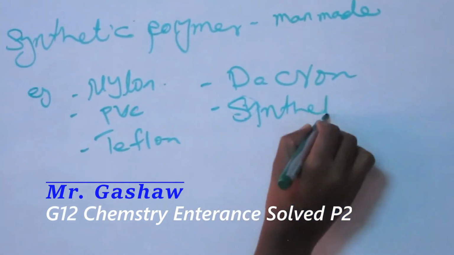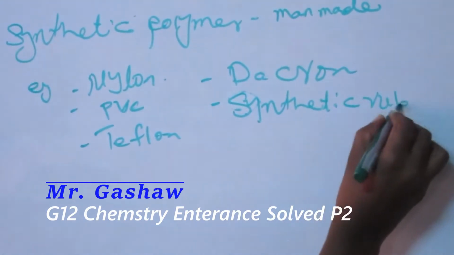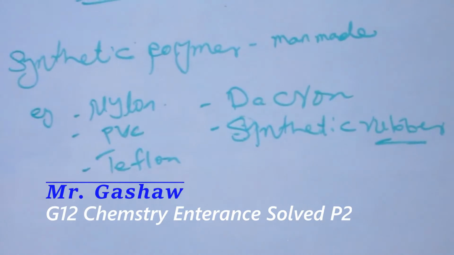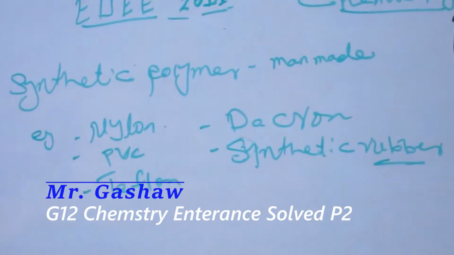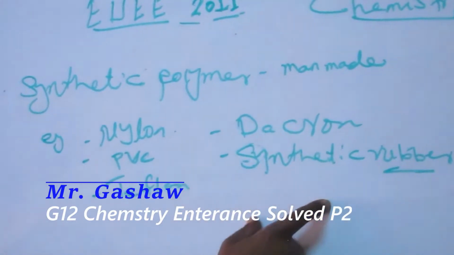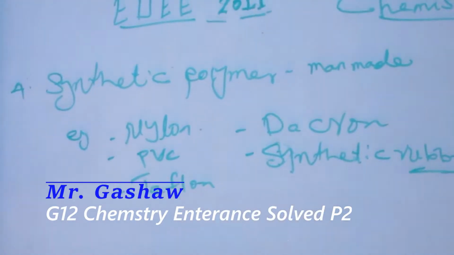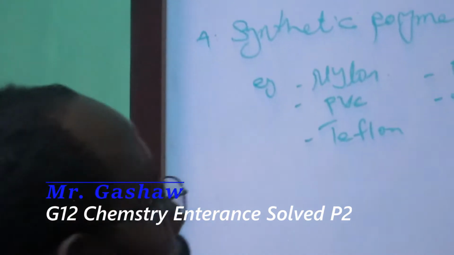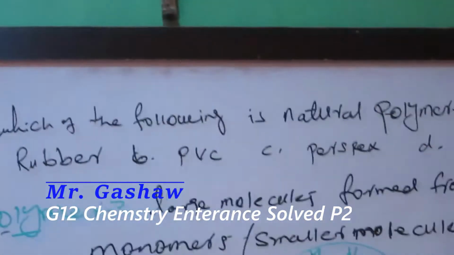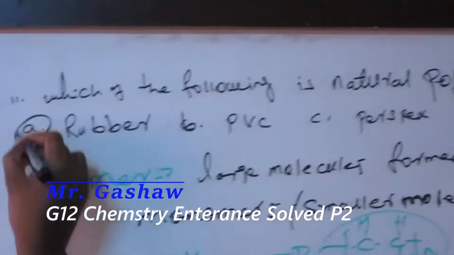Look, rubber can be of two types. One is natural rubber, the other one is synthetic rubber. So if it says rubber, it means natural rubber. If the rubbers are synthetic rubbers, they are man-made rubbers. So from this one, which of the following is a natural polymer? The natural polymer from this one is rubber.